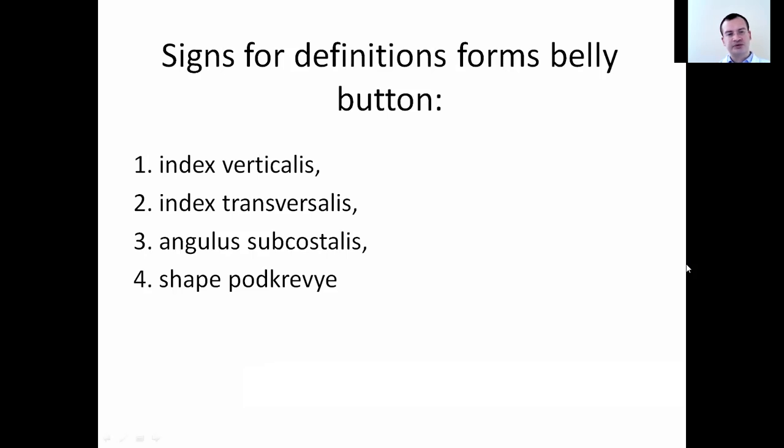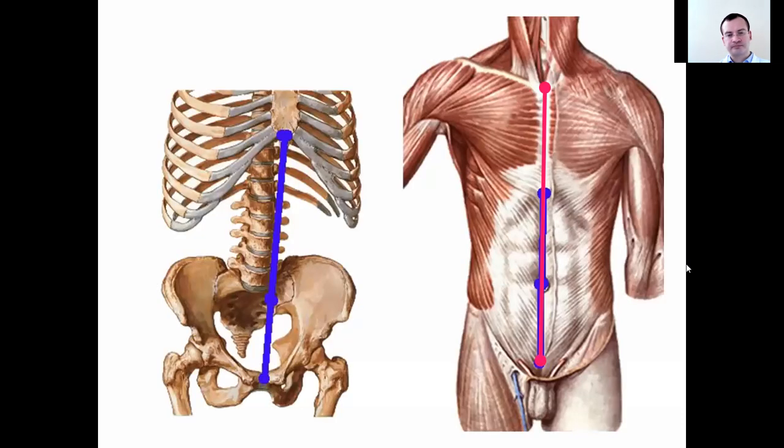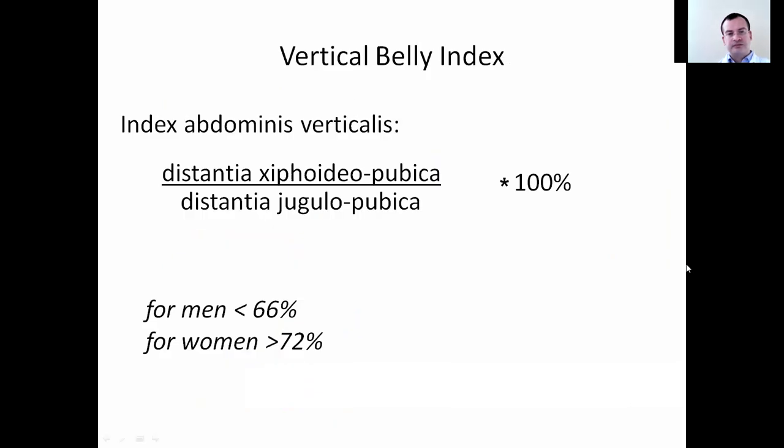Signs for determining the form of the belly: index verticalis, index transversalis, angulus subcostalis, shape of the hypogastrium. The vertical belly index, index abdominis verticalis, is the distantia xiphoidea pubica divided by distantia pubica, multiplied by 100%.